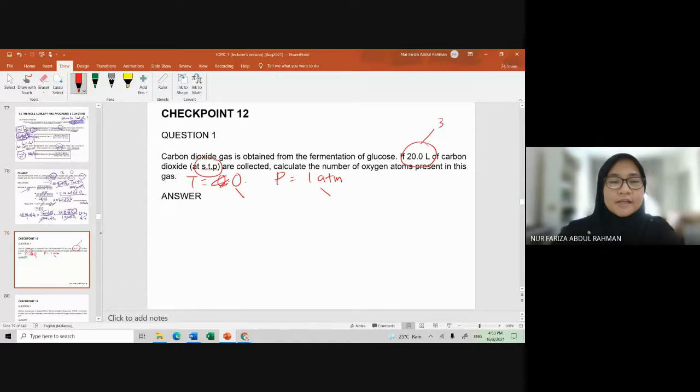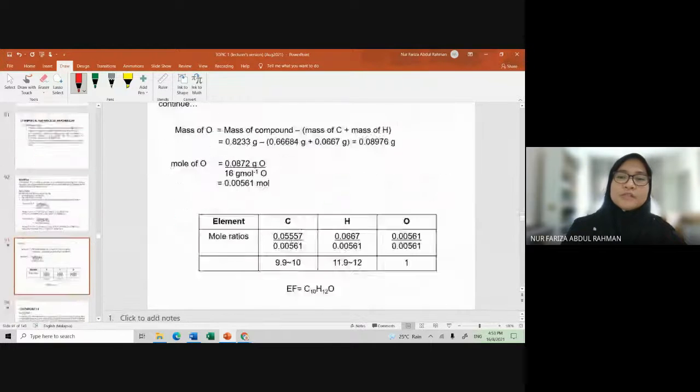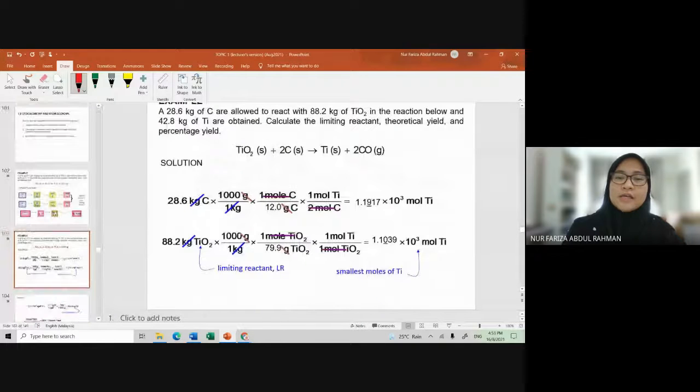Carbon dioxide, carbon is 14, 2 oxygen. Okay, try using dimensional analysis so that you can practice, just to show you how dimensional analysis looks later on.